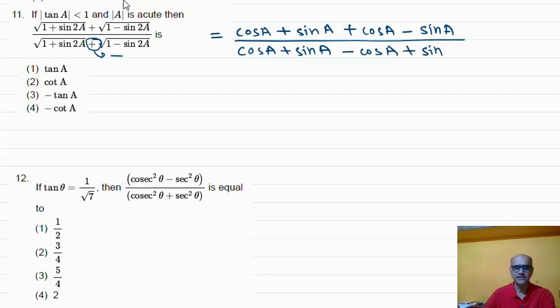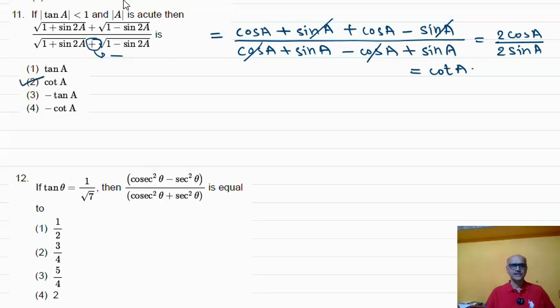Minus cos a plus sin a. So in the numerator, sin a gets cancelled. In the denominator, cos a cancels. So here you have 2 cos a, then the denominator will be 2 sin a. The 2 cancels. You will get the answer cot A.